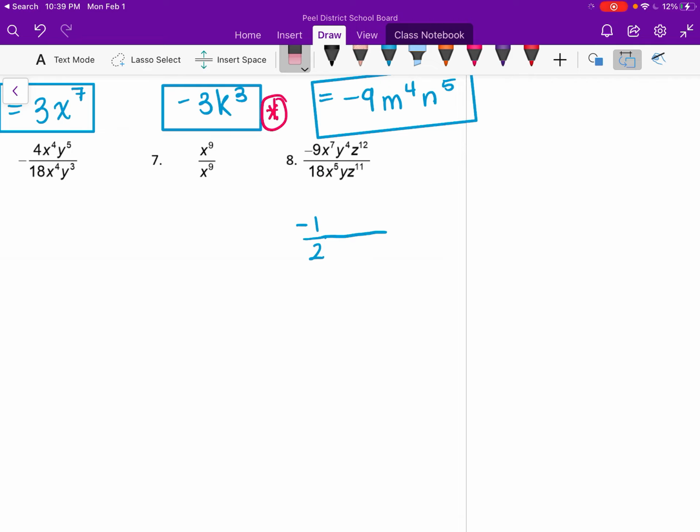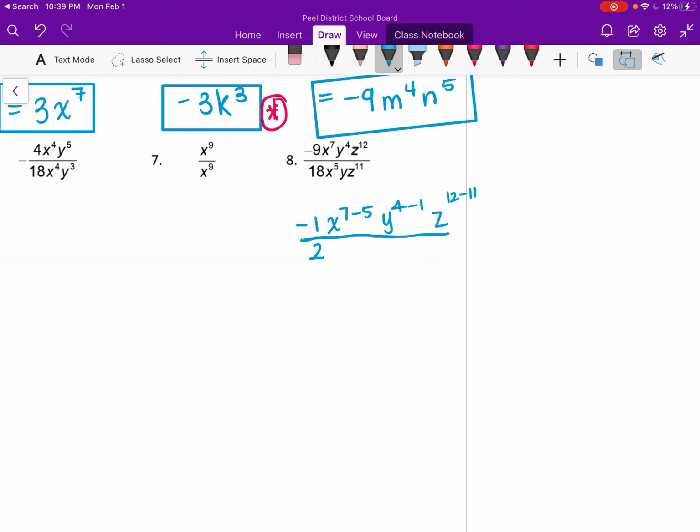Let's deal with my x's. So I have x to the power of 7, and then I have x to the power of 5. And I know since it's divided, it's going to be minus. Then I have y to the power of 4, and then I have just y at the bottom, so that's just 1. And then I have z to the power of 12, and then I have the 11 at the bottom.